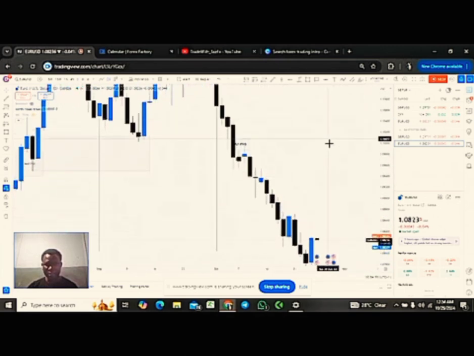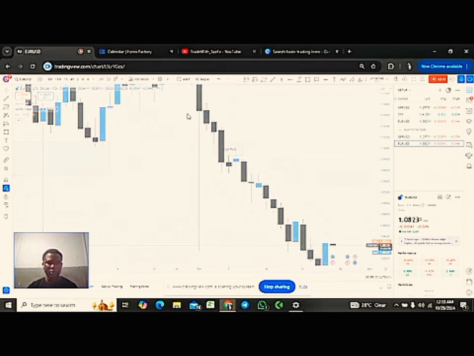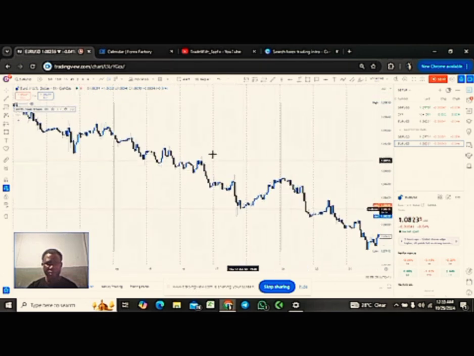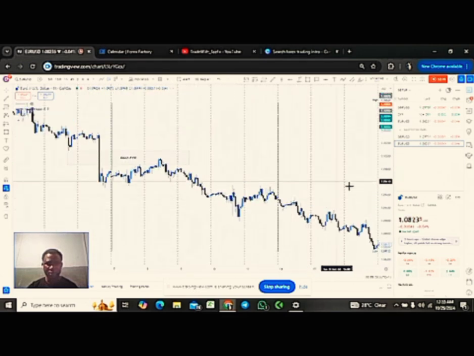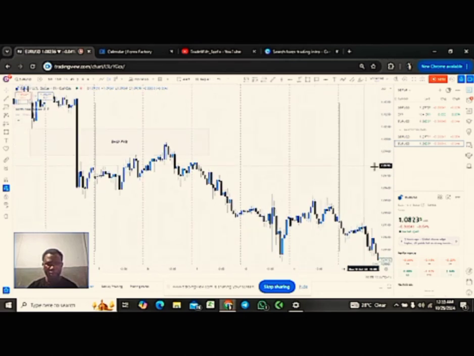Let's break down this one here. You can see the FVG on the daily time frame here. I'm going to the 1 hour real quick. What can we see here?